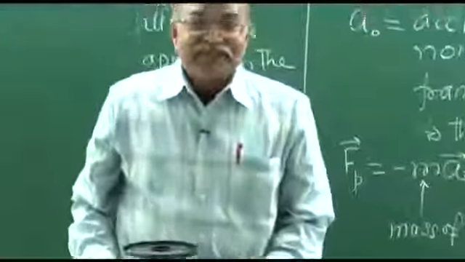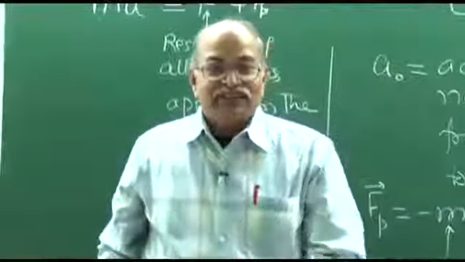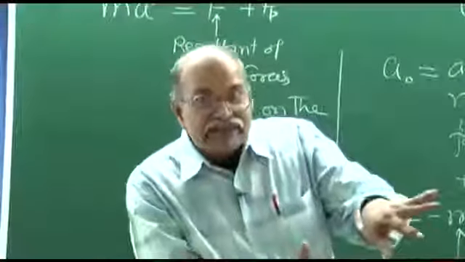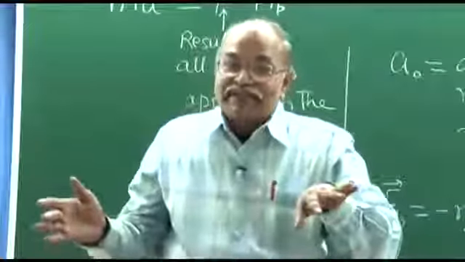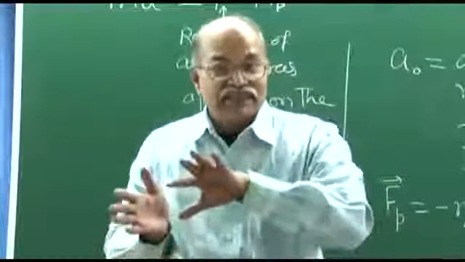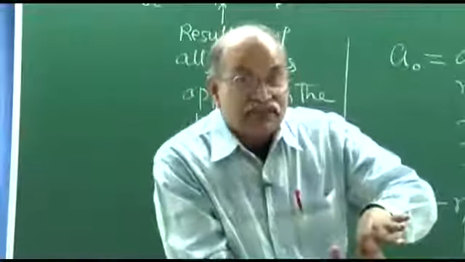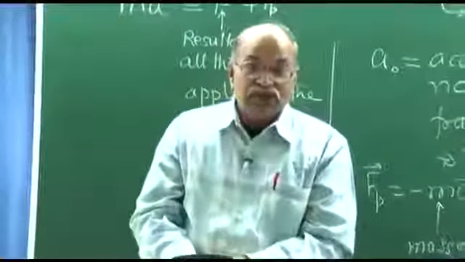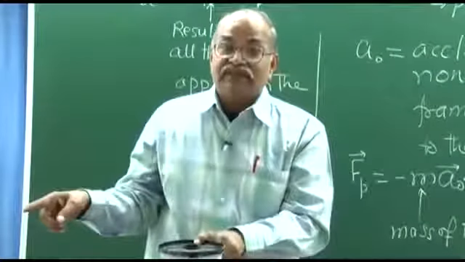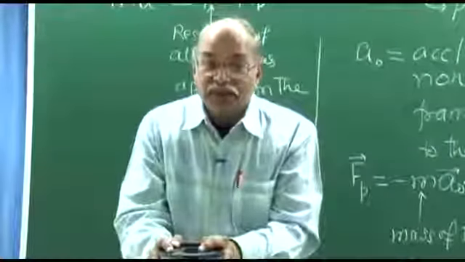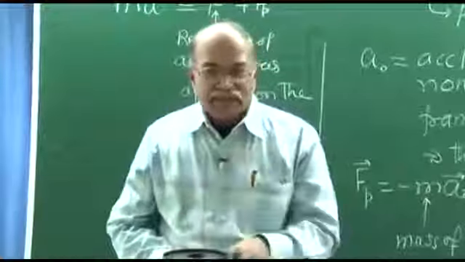So, once again you see that when I start accelerating, the ball goes in the opposite direction. I accelerate the box towards left with respect to myself, and this ball goes towards right with respect to this box as seen by me. Same explanation.